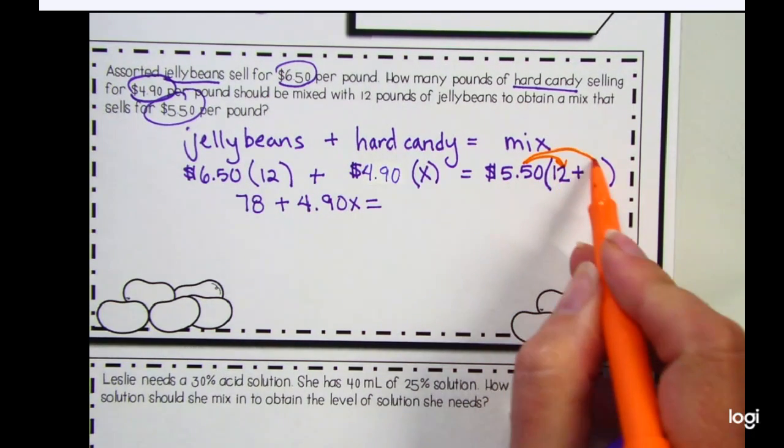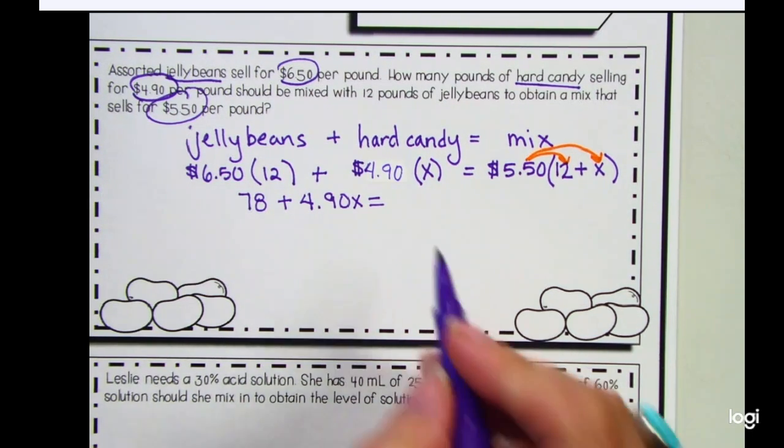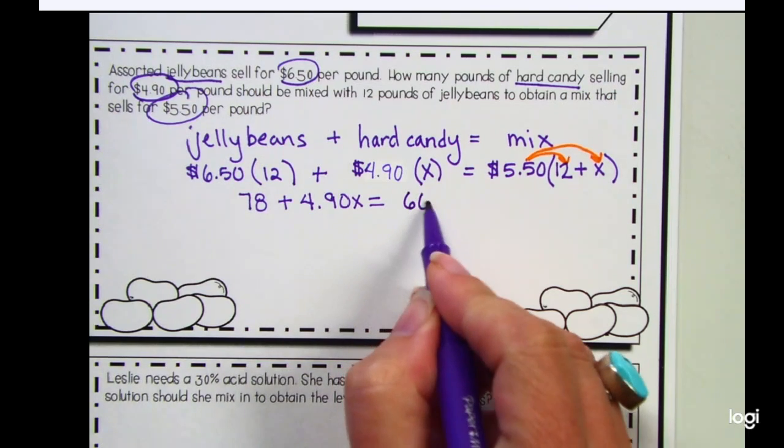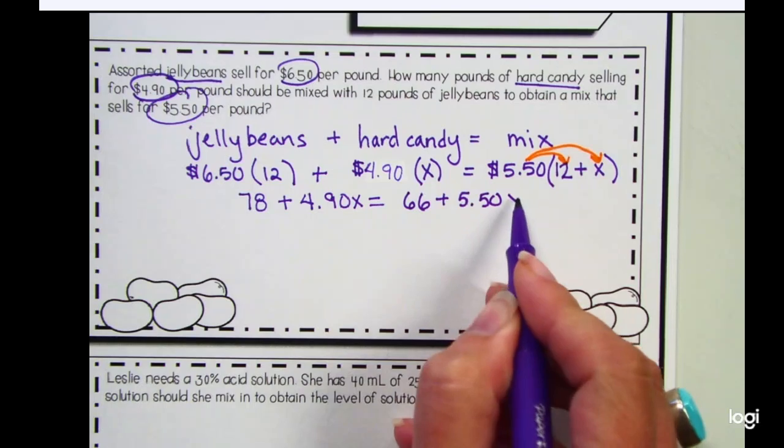Perfect, I'm going to have to distribute, right? So 5.5 times 12, just like Olivia said, we get 66 plus 5.50x.